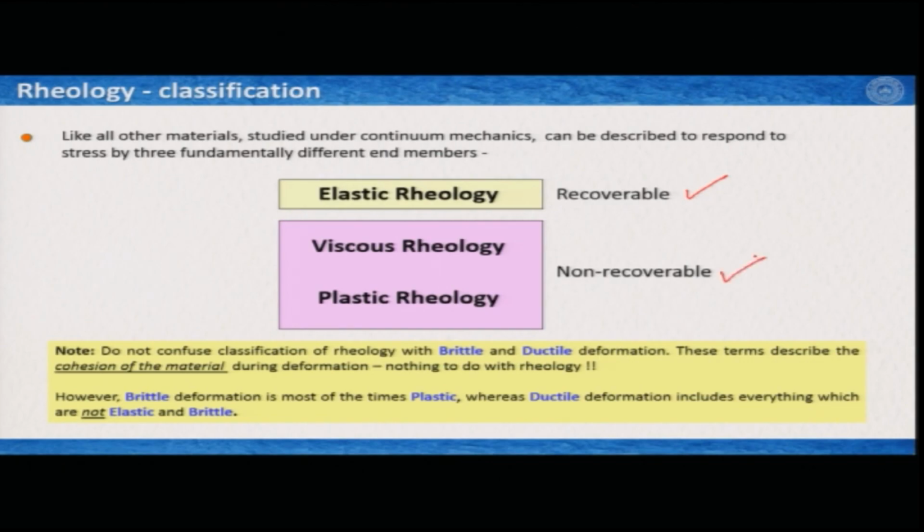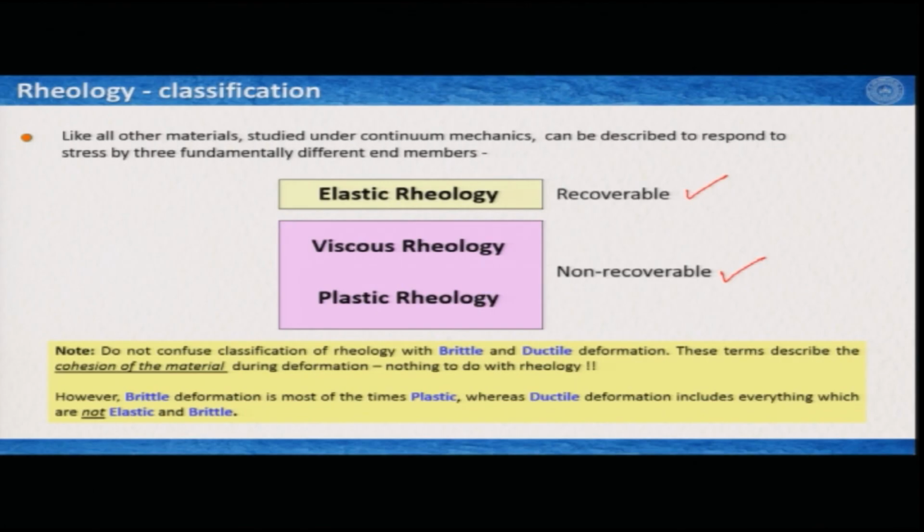Now, I would like to remind you of one very important thing that we commonly mistake in describing structural geological deformation features. With these three rheological terms, elastic, viscous and plastic, we sometimes use, more or less similarly, the terms brittle, ductile, and sometimes brittle-ductile.